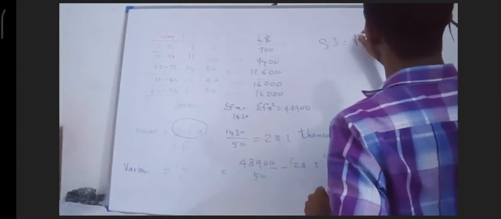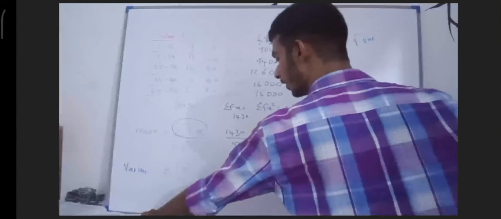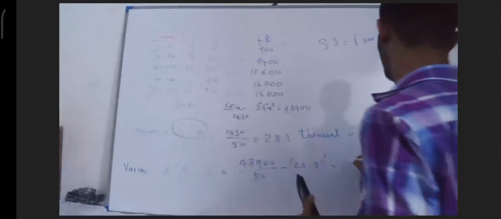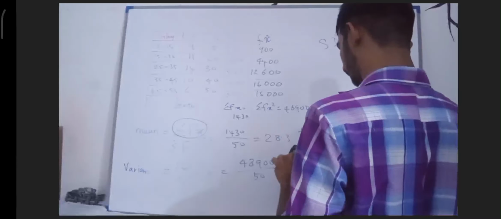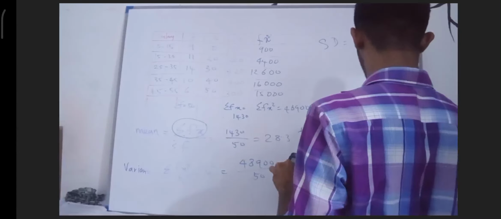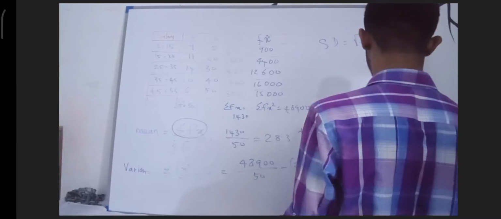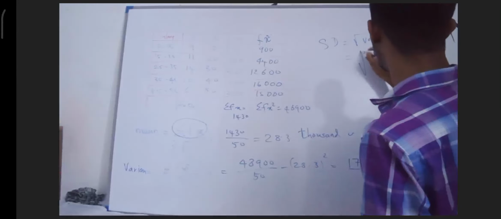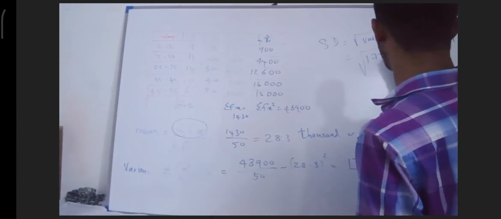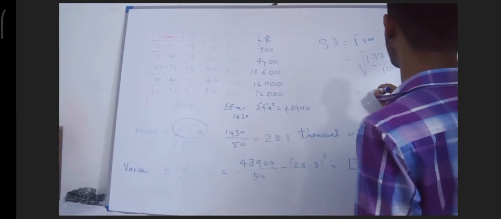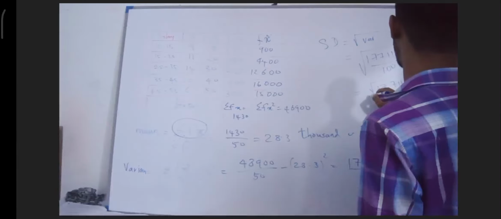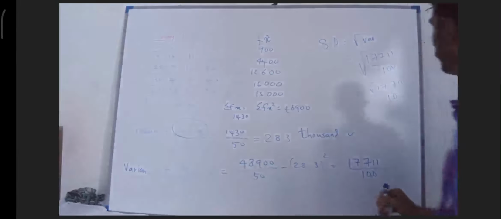Standard deviation is equal to the square root of the variance. So the standard deviation is the square root of 17,711 divided by 100. You can just leave the answer like this: square root of 17,711 divided by 10, since the square root of 100 is 10.